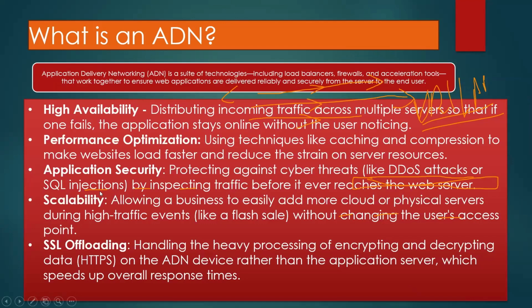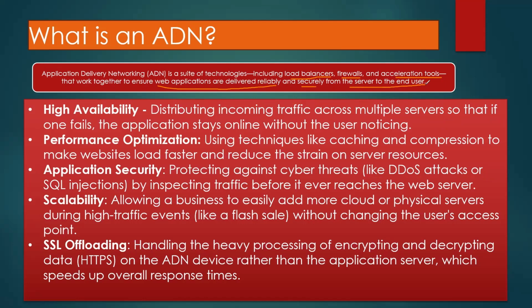Some key points I have mentioned here on what ADN is. ADN is a suite of technologies including load balancing, firewall, and acceleration tools that work together to ensure web applications are delivered reliably and securely from the server to the end user. That is what we saw previously.